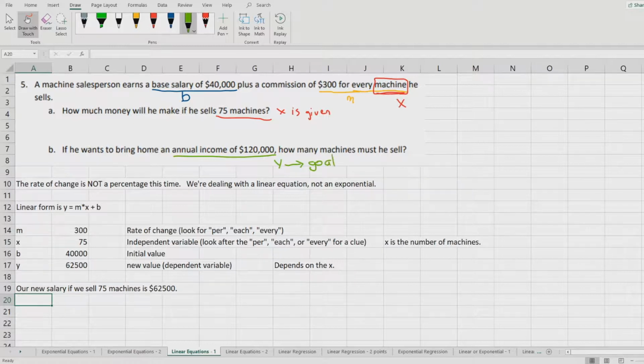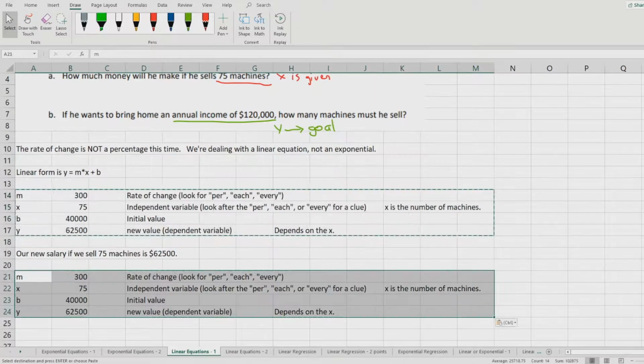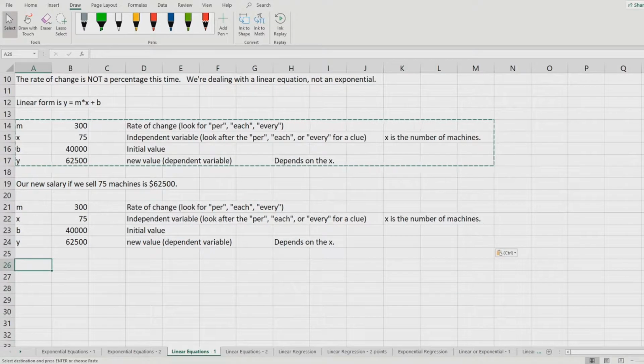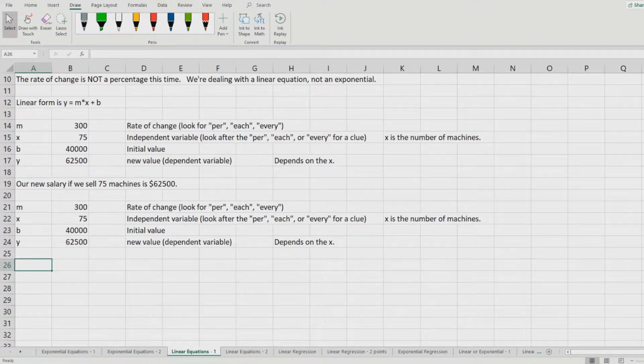Our goal is to make the y into 120,000. But again, we can't just type that in manually. What we have to do is make a copy of what we've already done. Now, our target is to make the y into 120,000. So we will goal seek the y to $120,000.